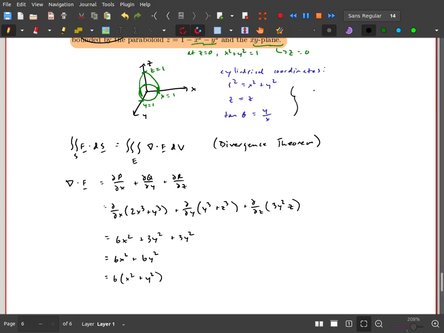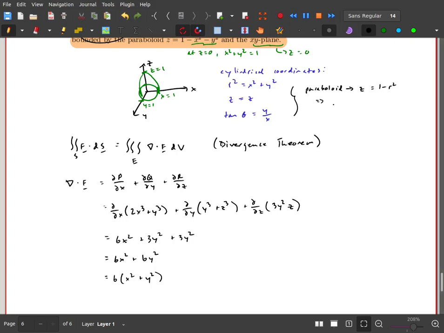Based on this, our paraboloid becomes z equals 1 minus r squared. That's a pretty good hint of what the limits on z would be.